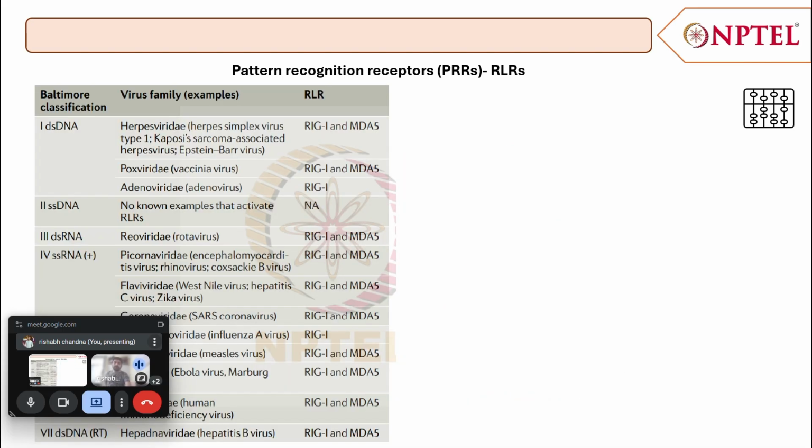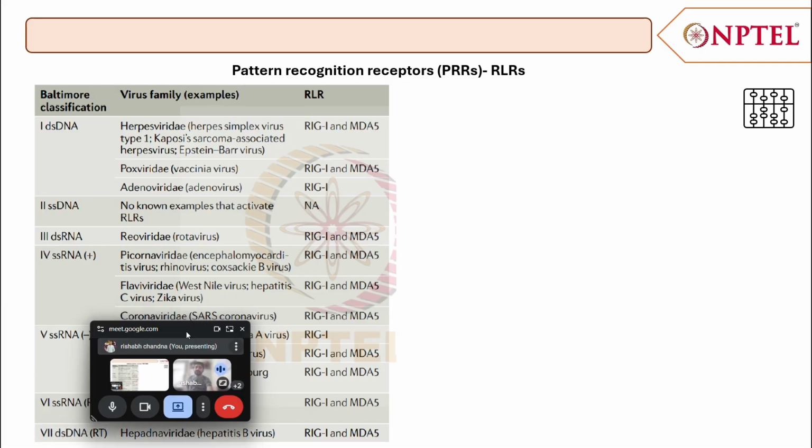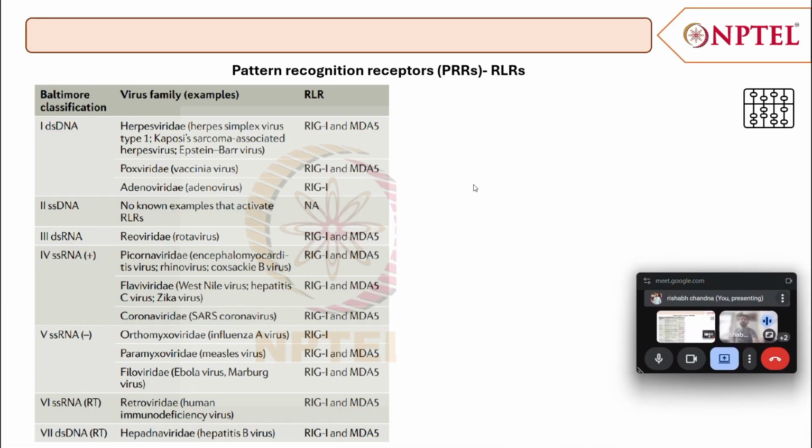Okay, so these are all the viruses, and not typically the RNA viruses, the DNA viruses also, that lead to their activation.